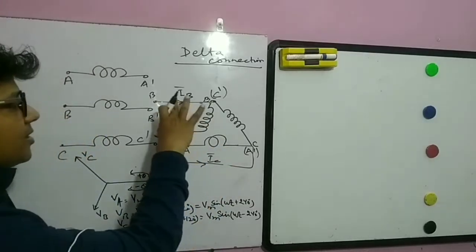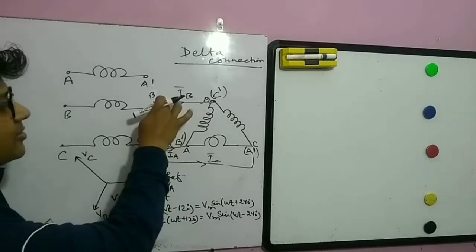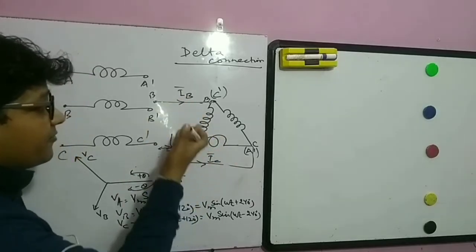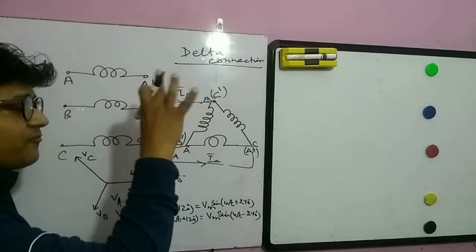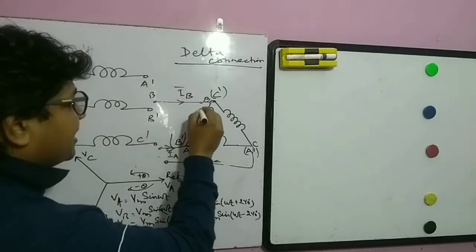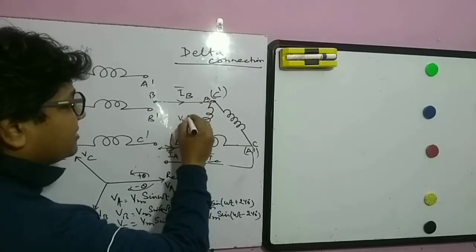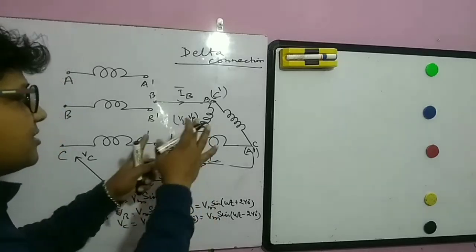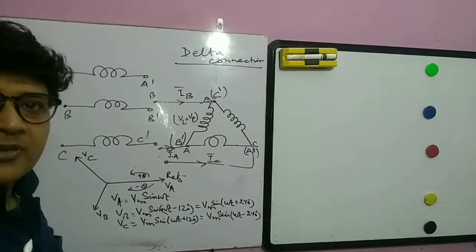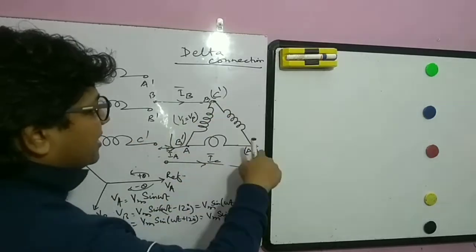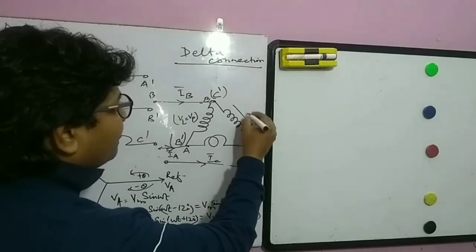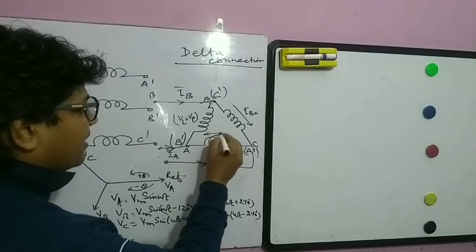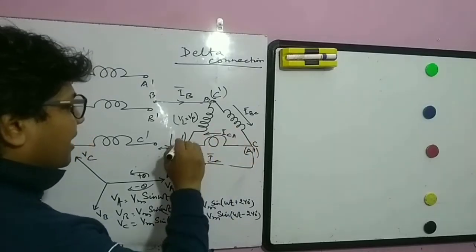Fine. And because these are two phases, phase A and phase B, between them we have the line voltage. But what we are getting here is one phase of delta. So we can say that VL is equal to V phase. Why? In case of delta, VL is equal to V phase, right? This phase we can say BC, and a current IBC will flow in this phase, ICA for this, and IAB for this.